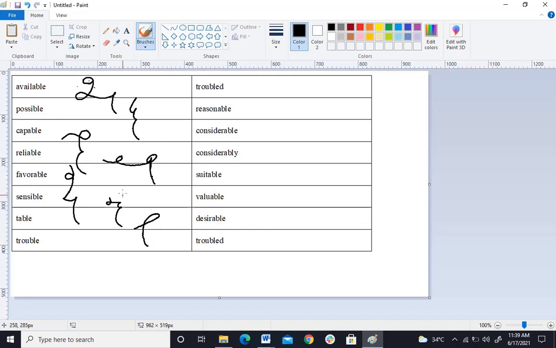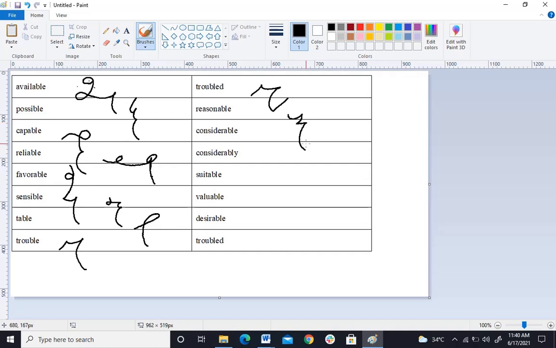Next, we have trouble. Tra is just T-R and then ball. Trouble. Next, troubled. We have T, trouble, and then D for troubled. Next, we have reasonable. We already stroked reason in our previous lessons, so we have reason and then ball.